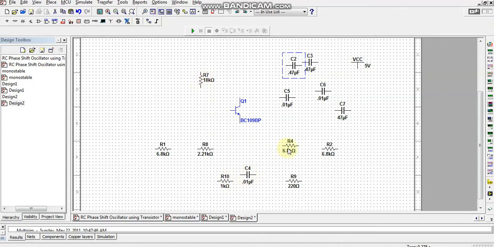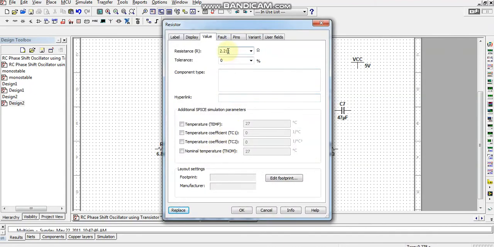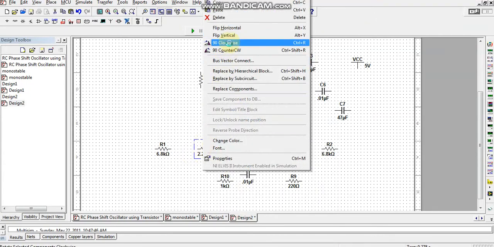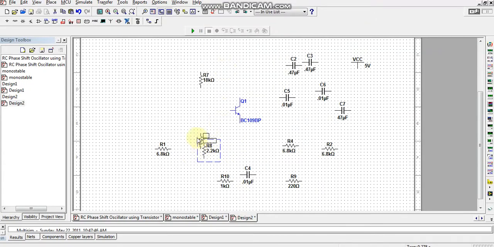Below this is R1, R2 was 2.2 kilo ohm. So where do you find this 2.2 kilo ohm? Make this 2.2 kilo ohm. Rotate this. Okay, so this is R1 and R2, and RC was 1K.